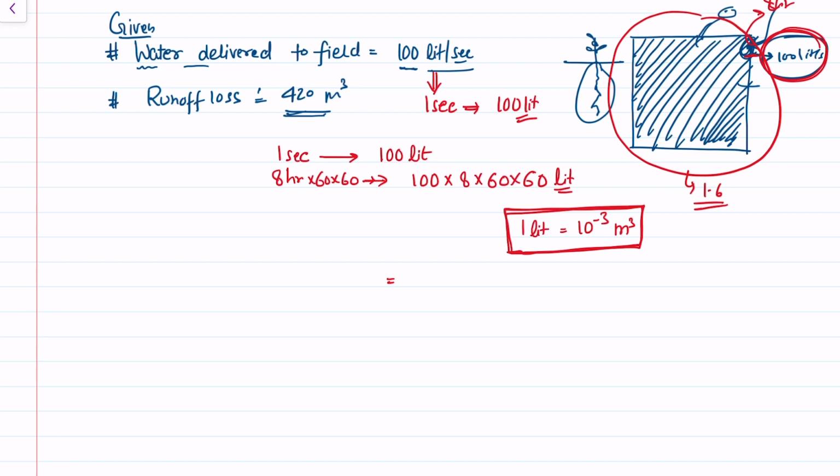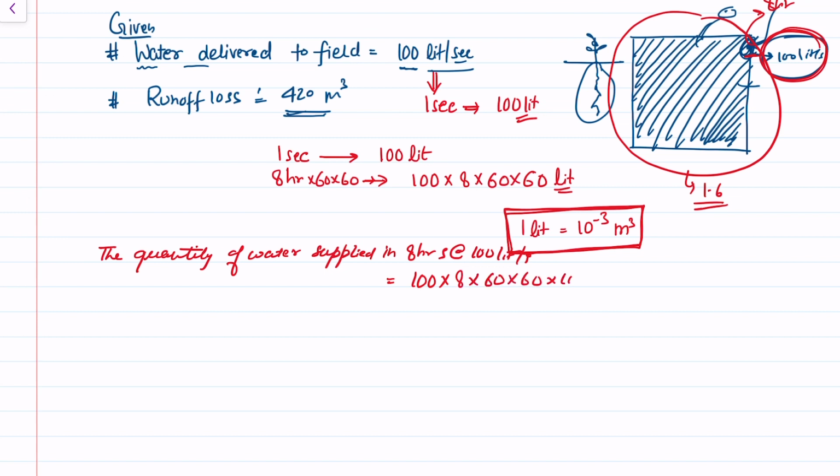So the quantity of water supplied in 8 hours at 100 liters per second will be 100 into 8 into 60 into 60 into 10 to the power minus 3.